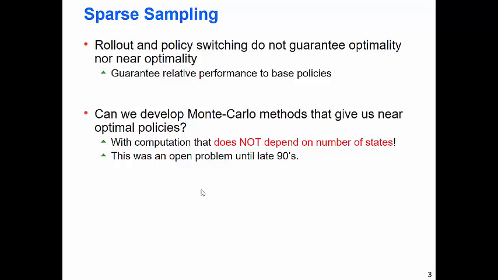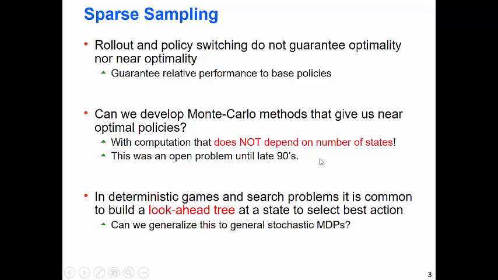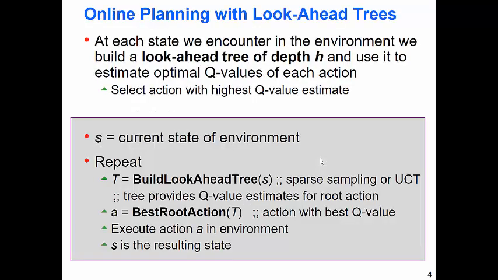This was an open problem until the late 90s, and then some folks came around and said that if you just generalize search trees to MDPs, they can show some theory. You can actually end up with an algorithm that's independent of the size of the state space, and we'll talk about that in a bit.